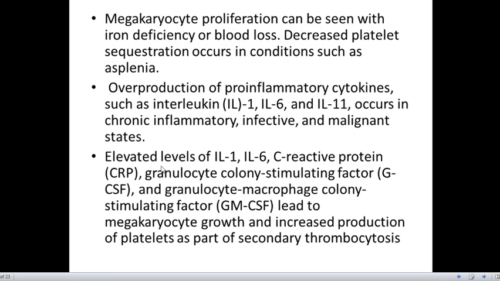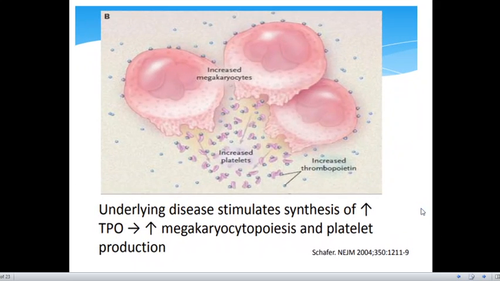So elevated levels of interleukin 1 and interleukin 6 as well as C-reactive protein lead to megakaryocyte growth and then increased production of platelets as a part of the secondary thrombocytosis. That is the pathophysiology. The picture shows increased megakaryocytes, hence we have increased platelets.